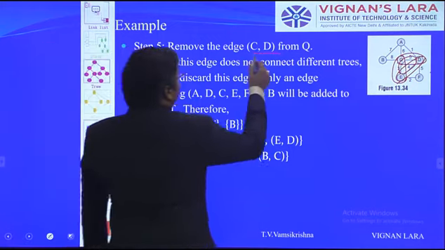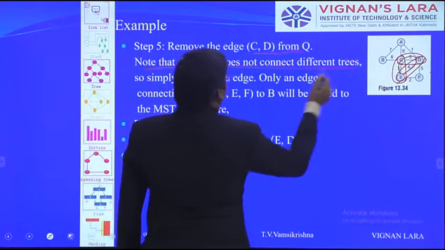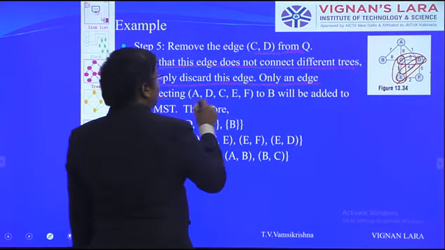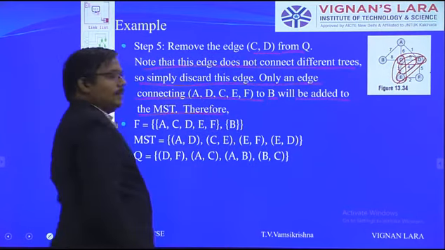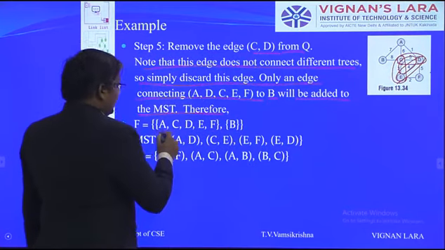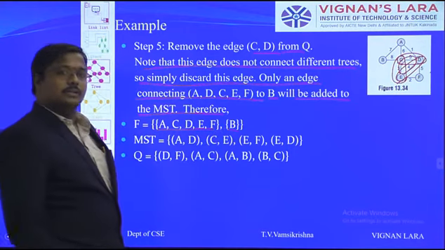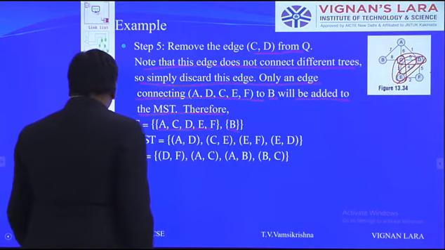So that's why we remove C comma D from Q. Note that the edge does not connect different trees, so simply discard the edge. Only an edge connecting ADCEF with B will be added to the MST. So the same A, C, D, E, F is one component, and B is another component. So no edges are added in this step.